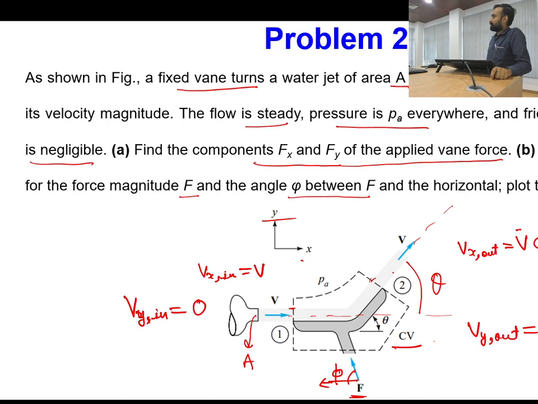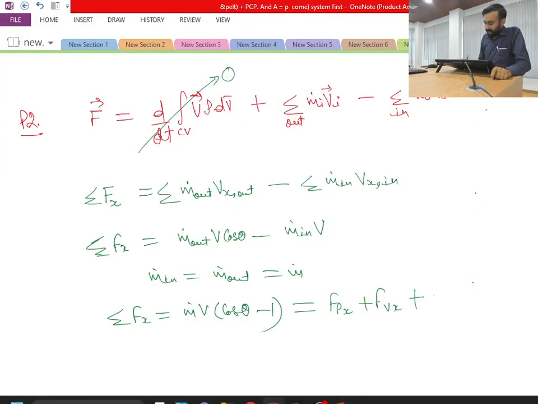So I have plus some force which is acting because of the vane. Now F viscous and F pressure will be equal to 0. So only the force which is acting because of the vane, that becomes Fx equal to m dot v.